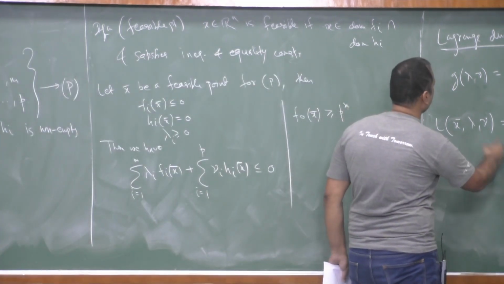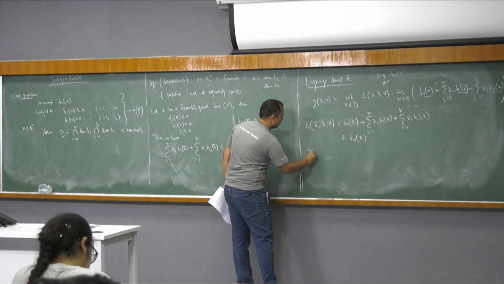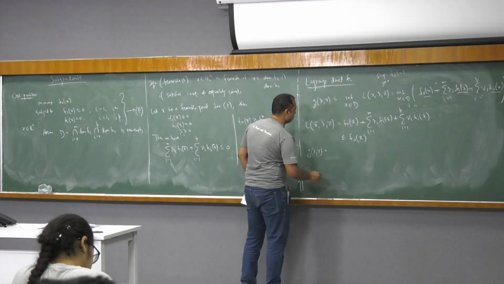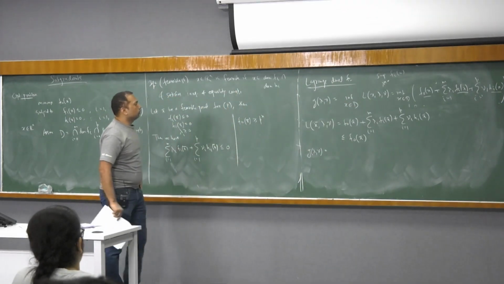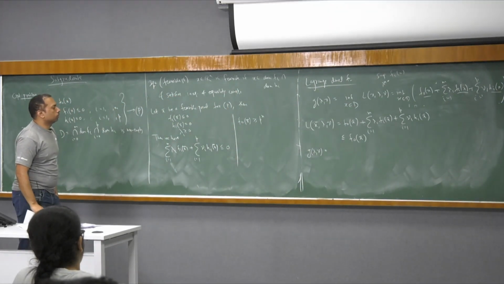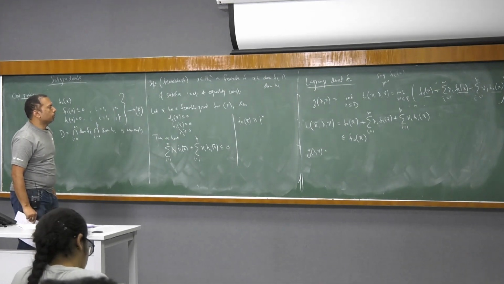So this is what we have, and then g(lambda, nu), let us look into this. g(lambda, nu) is the infimum of L(x, lambda, nu).